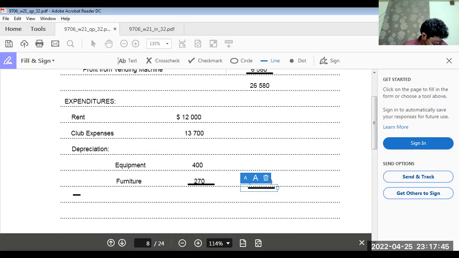Now surplus, very small amount of surplus, but surplus 26,580 minus 26,370, 210 is the amount. Done.